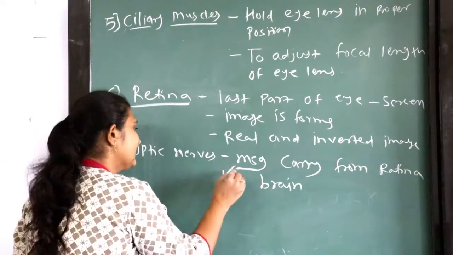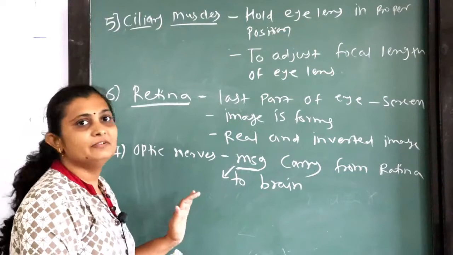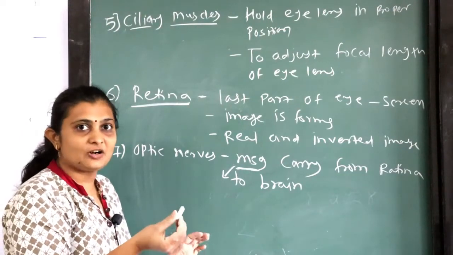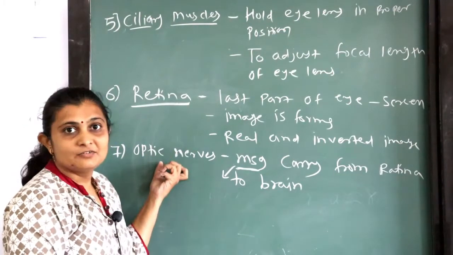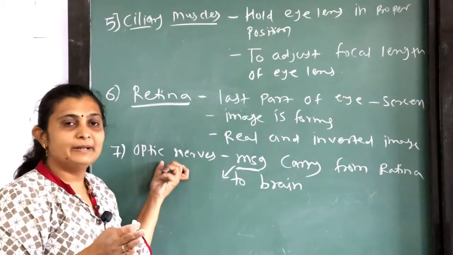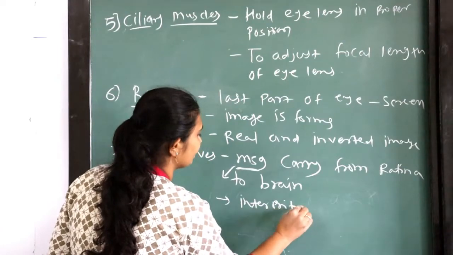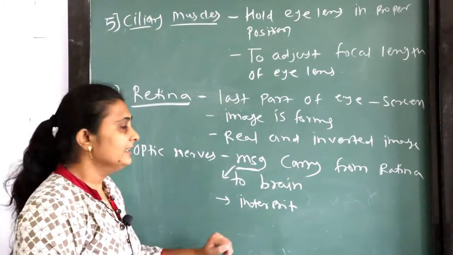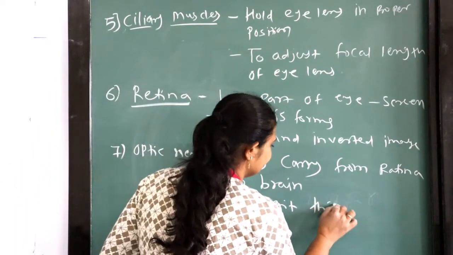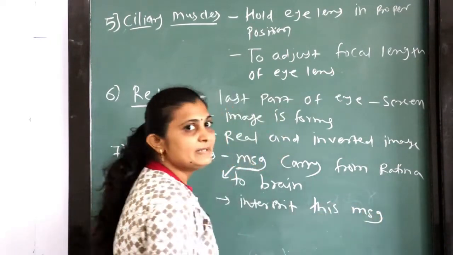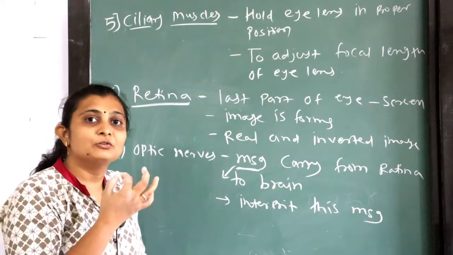Suppose this is a chalk, then the optic nerves send this message to the brain and the brain interprets this message. Means the brain understands what we are seeing.